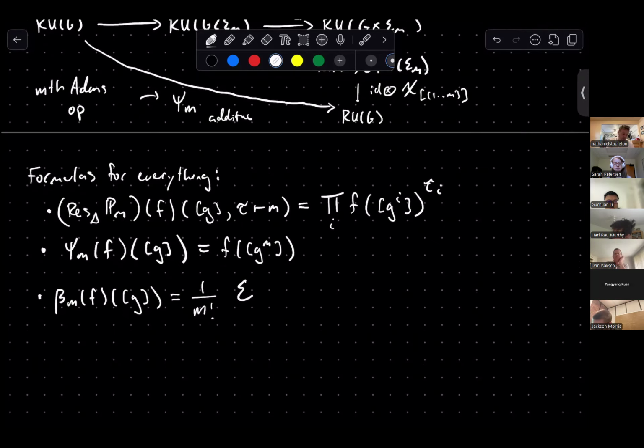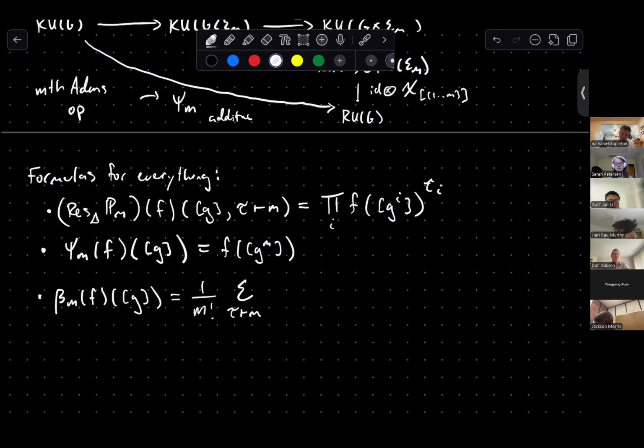And then I want to sum over the fiber of little g in g times sigma m. But I'm going to do it by summing over conjugacy classes, which is exactly what I said I wasn't going to do. So I have to keep track of the sizes of the conjugacy classes.